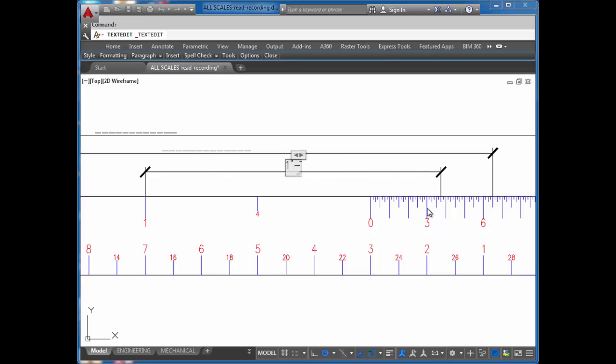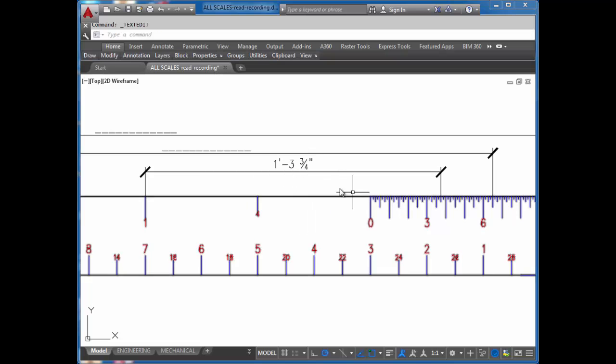We've got 3 inches, and then I have 1, 2, 3 tick marks left over, which is 3/4. So the answer here would be 1 foot 3 3/4 inches.